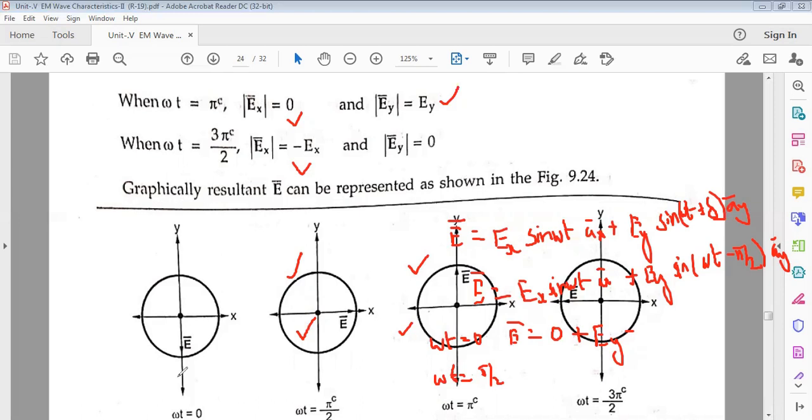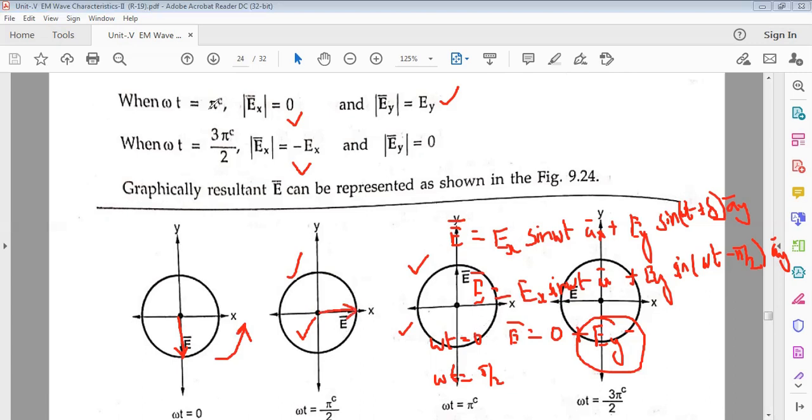What is the first one at omega t equal to 0? Let us see here, the minus Ey bar. So it starts here in the minus, then it rotates in this direction. At omega t equal to pi by 2, you get the Ex, which is positive, so it rotates in this direction. The positive Ex bar, and Y is 0 there.